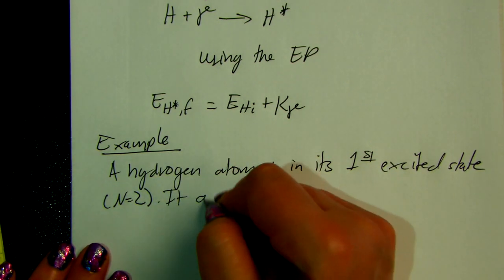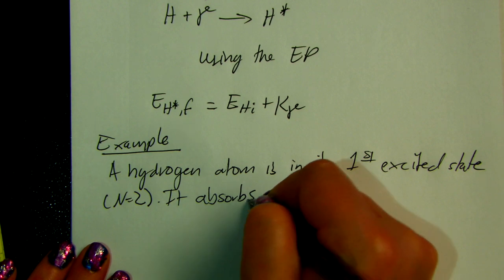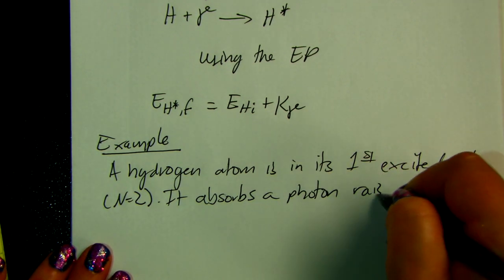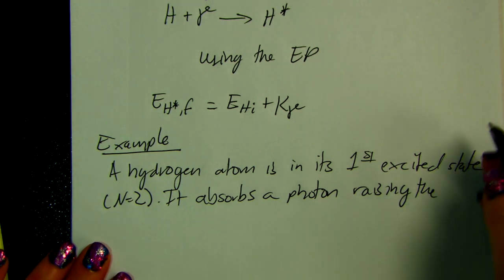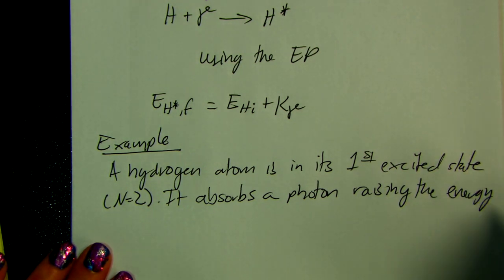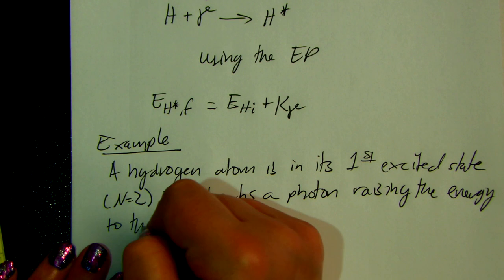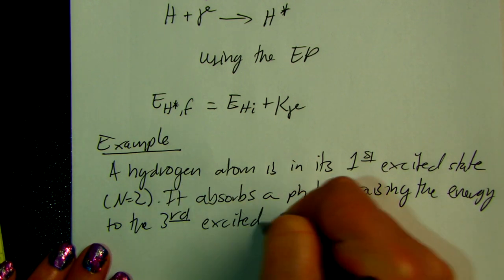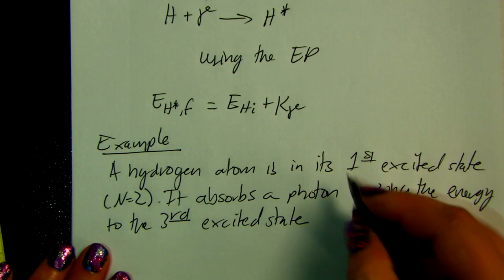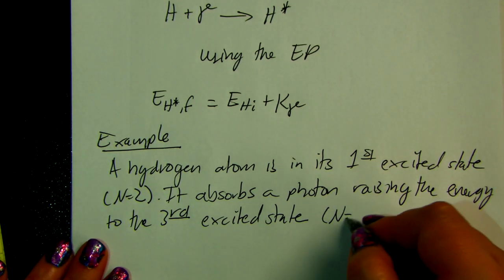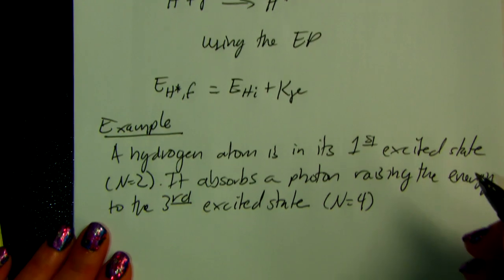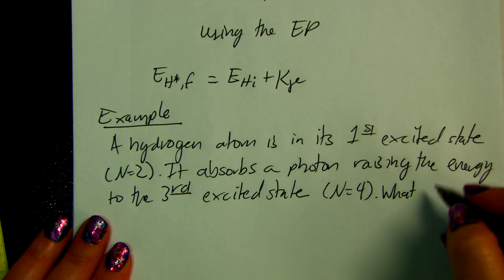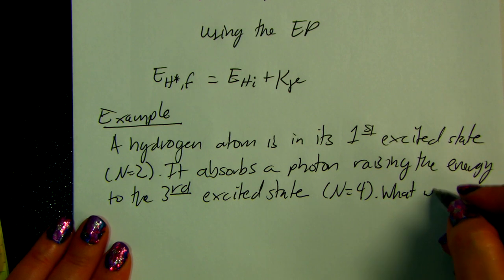It absorbs a photon, raising the energy to the third excited state, which would of course be the n equals 4 energy level. What was that perfect energy of the photon?